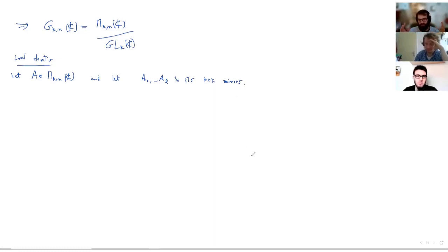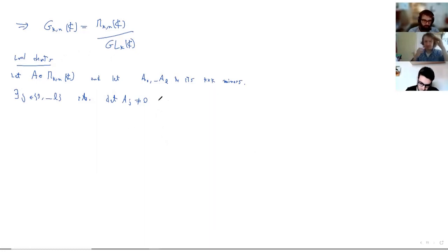Since this is K times K, you just take a K times K square matrix made of the rows of A, and you know that there exists a J between 1 and L such that the determinant of AJ is non-zero. Yeah, because these matrices have linearly independent rows, so one of these minors has to be non-zero.